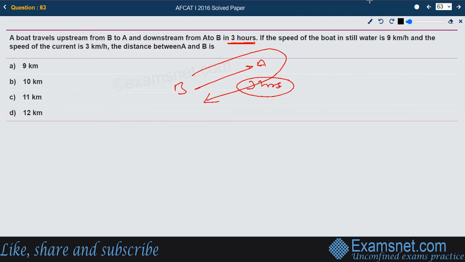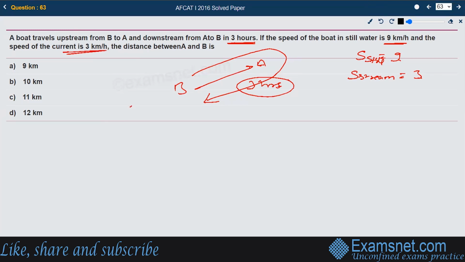If the speed of the boat in still water is 9, that is the speed of the boat in still water, and the speed of the current, that is the speed of the stream, is given as 3 km per hour. You are supposed to find out the distance between A and B.